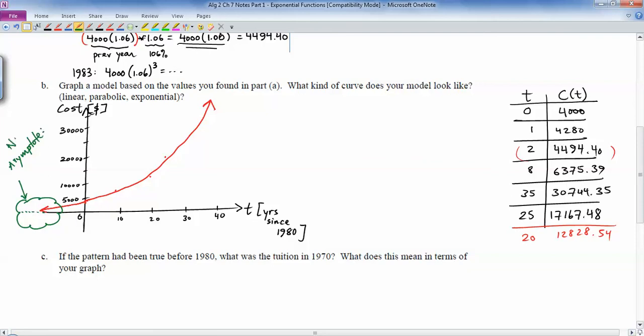So I'll write note here, or notice. Asymptote is y equals 0. Right, it gets really close to y equals 0 down there. This thing is not a parabola. It doesn't come back up. It doesn't make sense that it would go back up, backwards in time. It's not a line. So it's this new thing that we have called exponential. So this is called exponential growth.